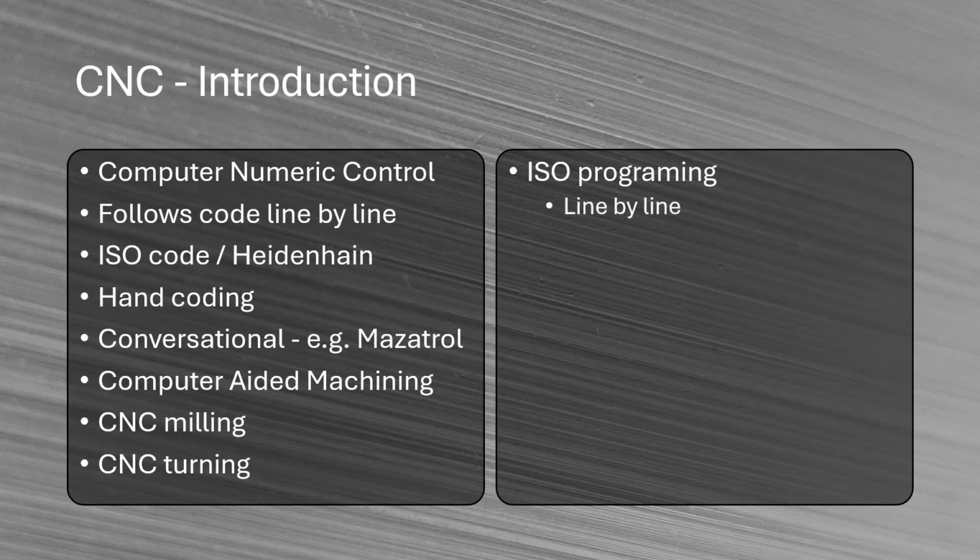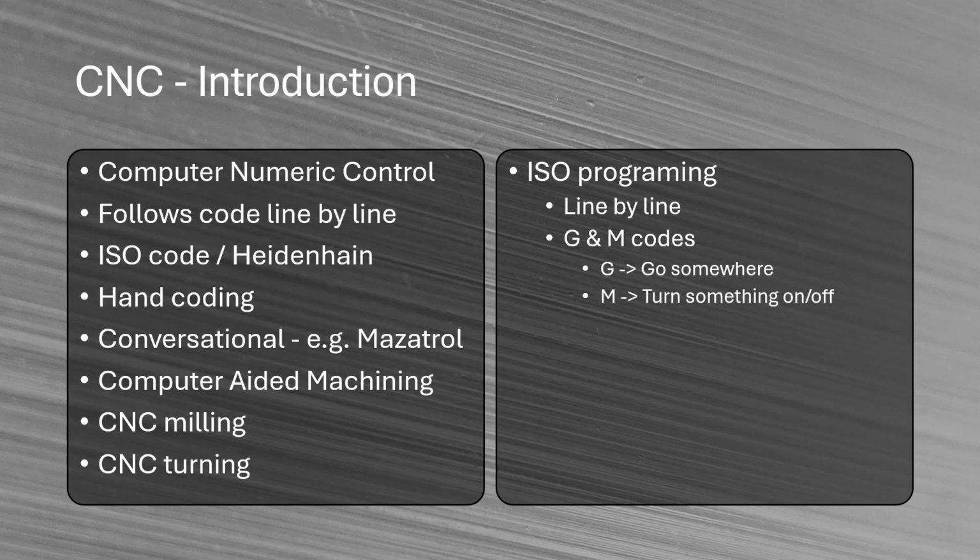ISO programming, a little more in depth. As I said, it goes line by line and uses the G and M codes. They are different types of codes, basically abbreviated short forms for different functions. I usually say a G code is basically go somewhere, so just go to some coordinate or whatever you want to do.